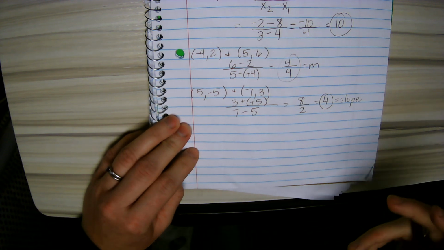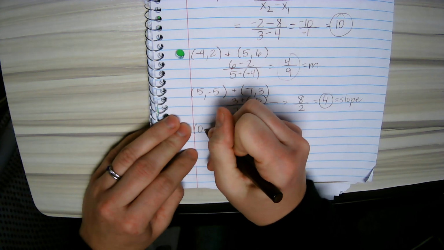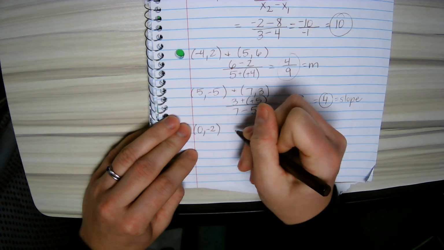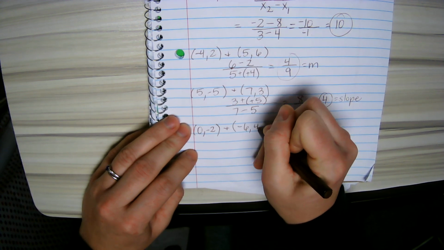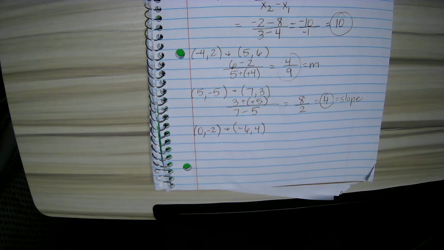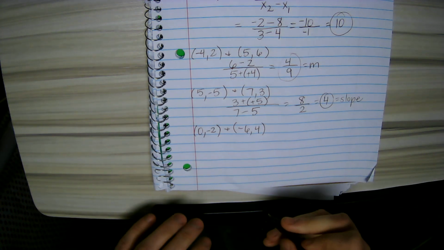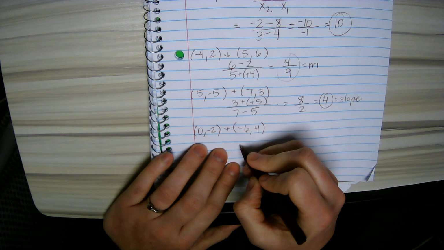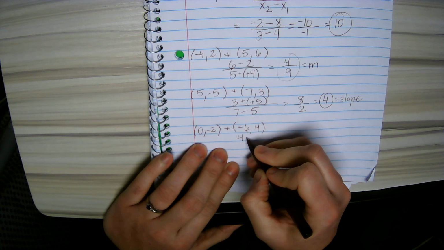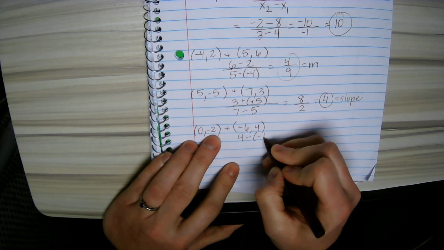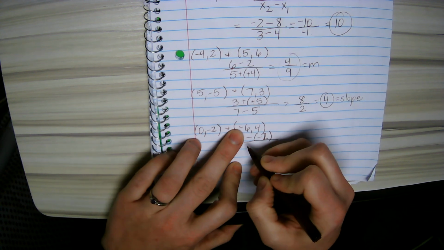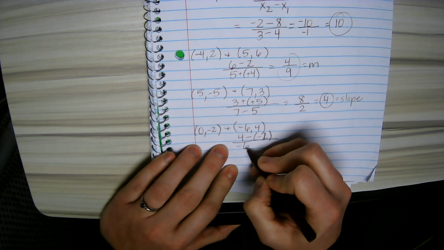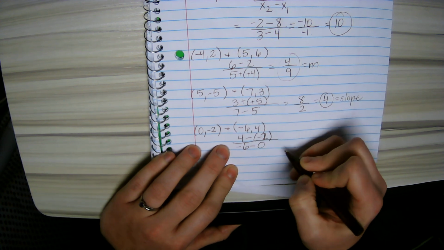Alright, how about 0, -2, and -6, 4. I want you guys to give this a go. Pause your video and write it out. y2 minus y1, oops, all over x2 minus x1.